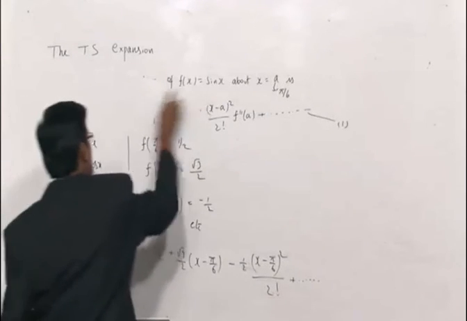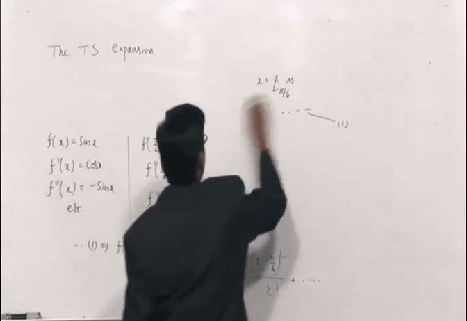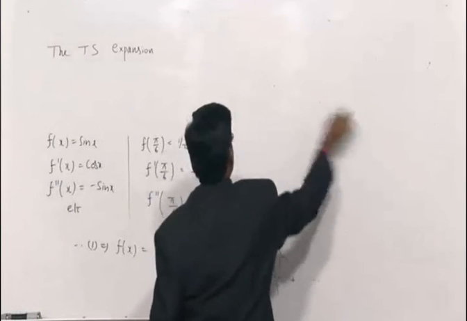So this problem I have done by calculating the derivatives one by one on the RHS of the Taylor series standard expansion.